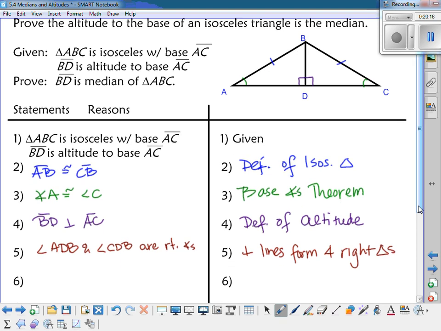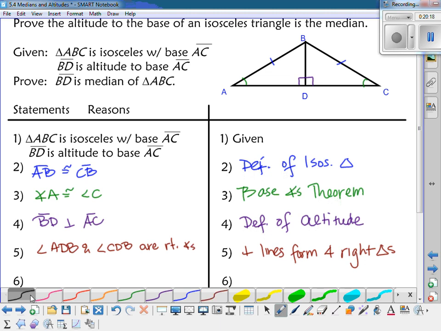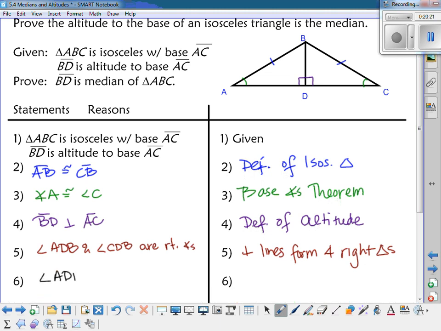And therefore, because they are both right angles, I know they're congruent to each other. So angle ADB is congruent to angle CDB because all right angles are congruent.